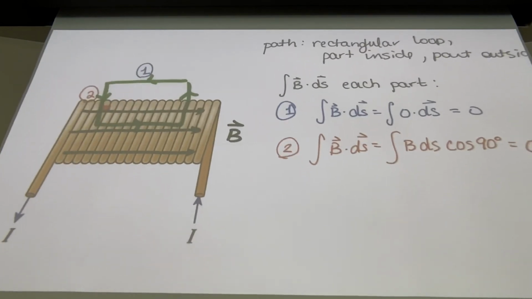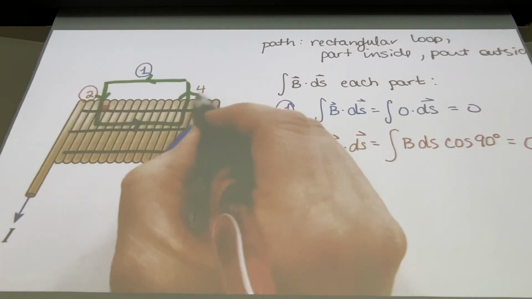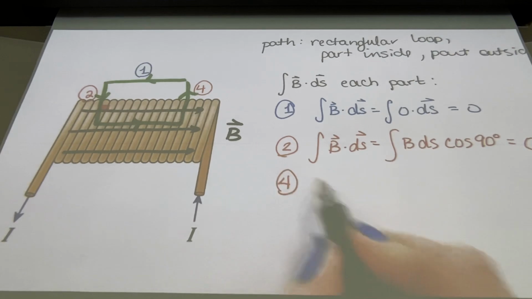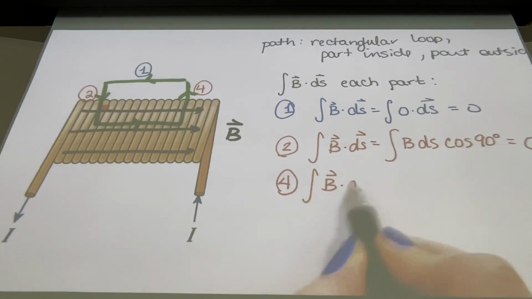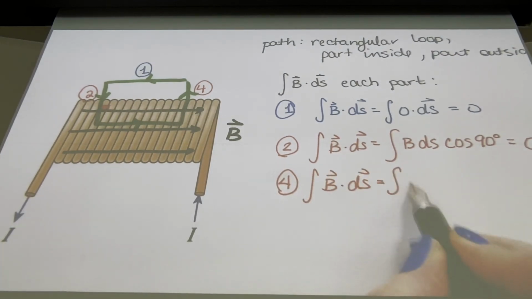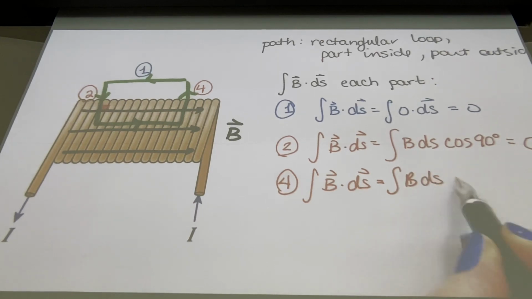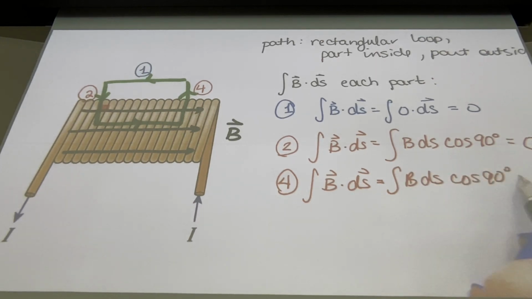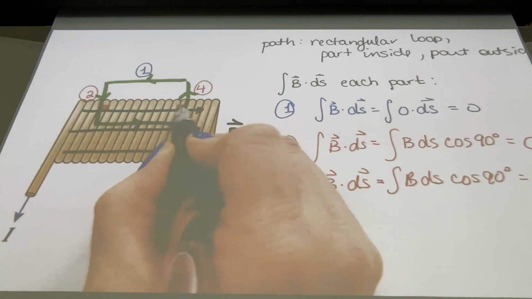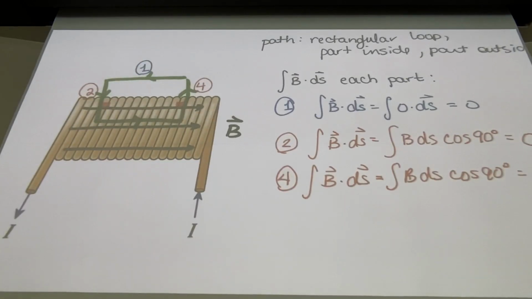So the integral of B dot ds along path 2 is equal to 0, since cosine of 90 is 0. Let's skip ahead and do path 4 on the other side. That's the same, B ds times cosine 90 equals 0. So still at a right angle over there on path 4.